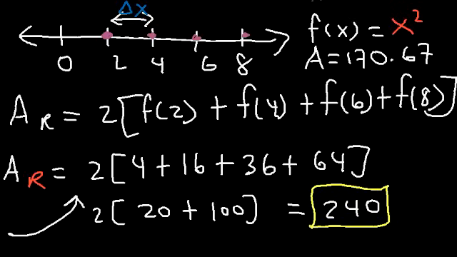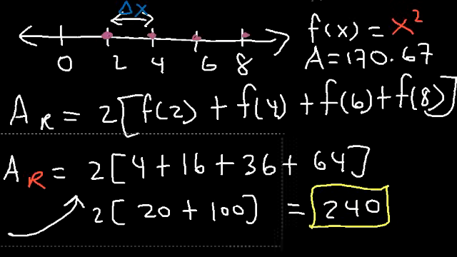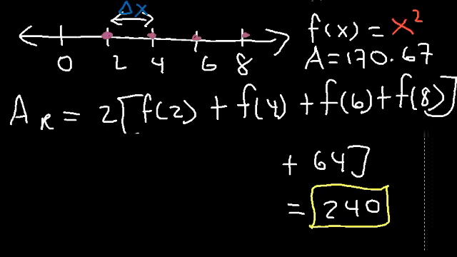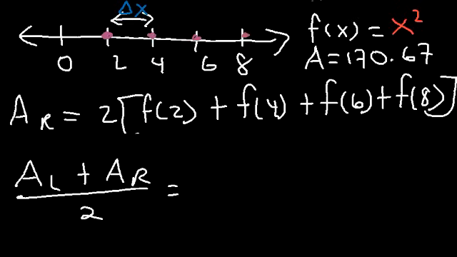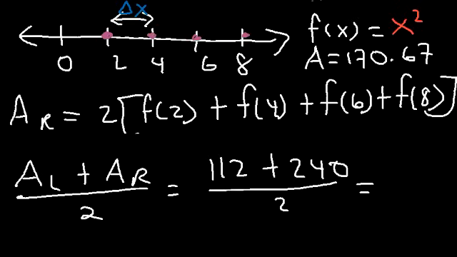Now what's going to happen if we average the two values? Let's say if we take the left Riemann sum and we add it to the right Riemann sum divided by 2. So the left was 112, the right was 240, and 112 plus 240 is 352. 352 divided by 2 as a decimal, let's see what that's going to be.